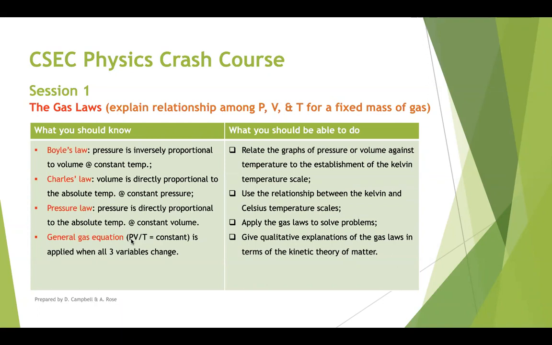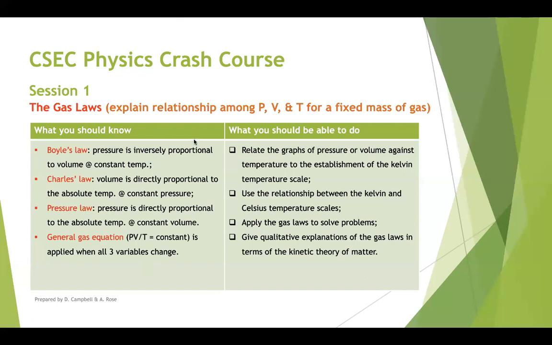All right. Now, another thing about the general gas equation is that you can pretty much use this equation to get either of Boyle's, Charles', or the pressure law by just covering up the variable that is constant in each case.